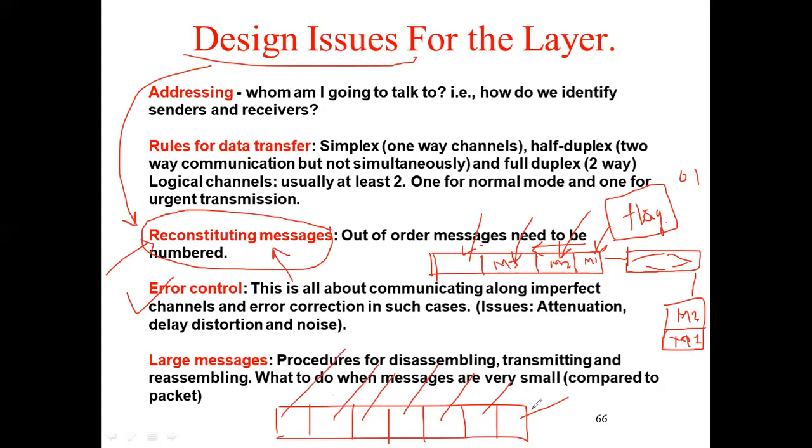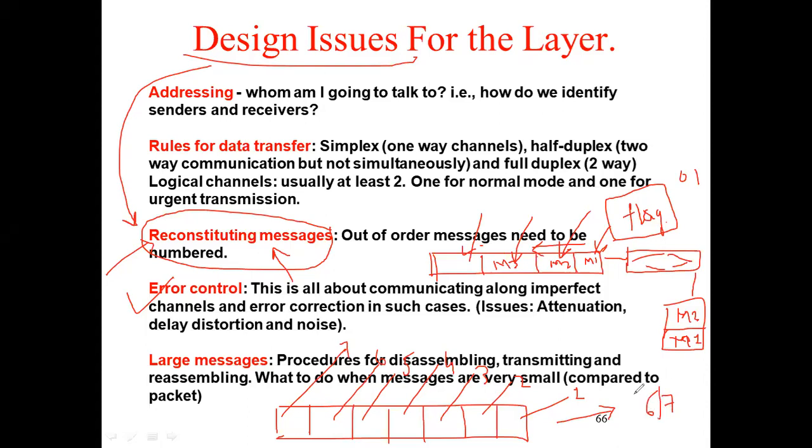Now the problem is how we could identify at the receiving end which message will come next. So what is needed? We need a sequence. When we are dividing them, we will provide a sequence number, and on arrival, they can reach in any order. 7 can reach earlier than 1, 6 can reach anyone.